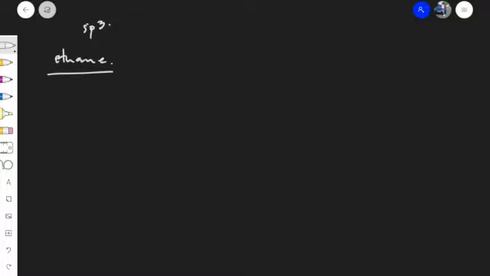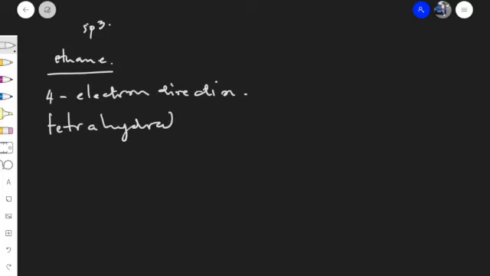In ethane, we have 4 electron directions, and since we have 4 electron directions, we are going to have a tetrahedral shape, right?